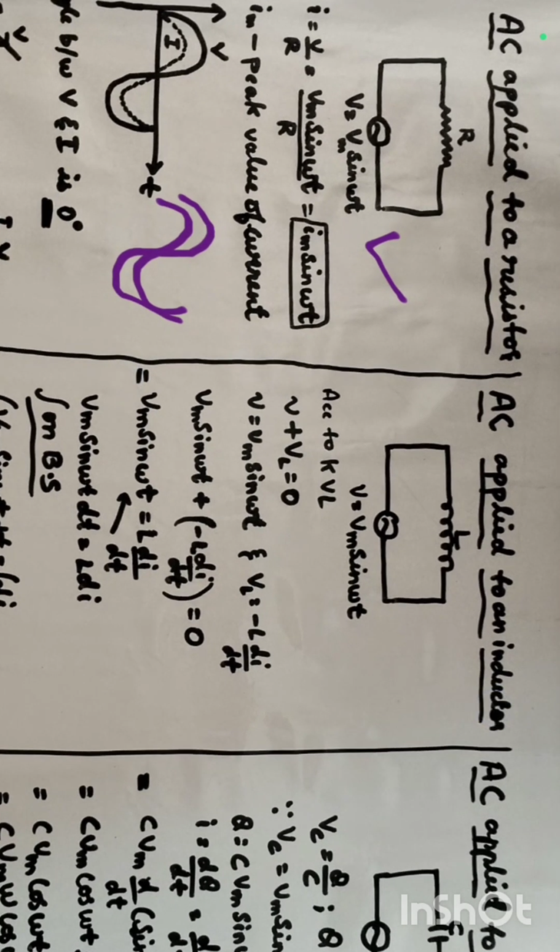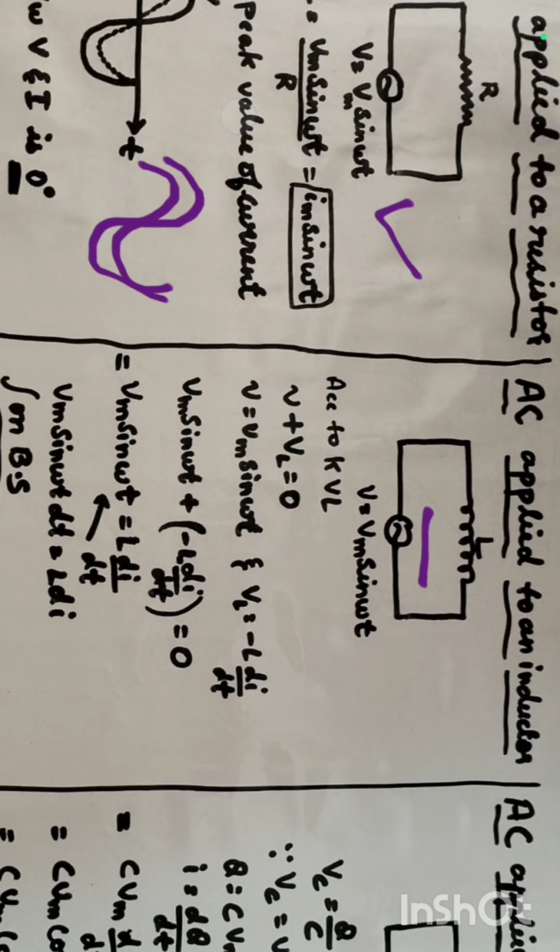Here we see an inductor connected to an AC circuit. According to Kirchhoff's voltage law, the entire voltage in a closed system will be equal to 0.